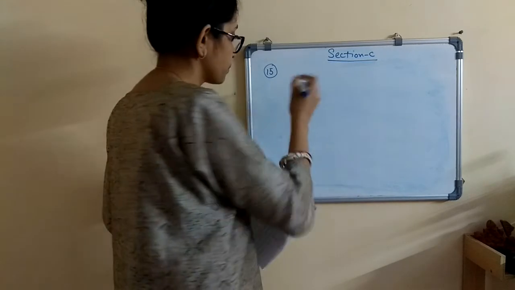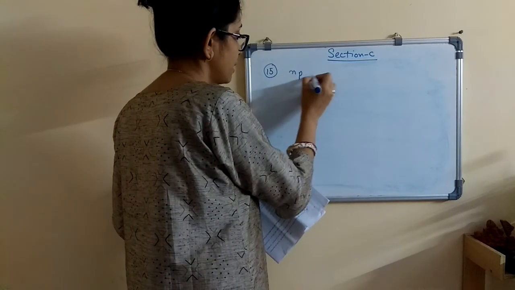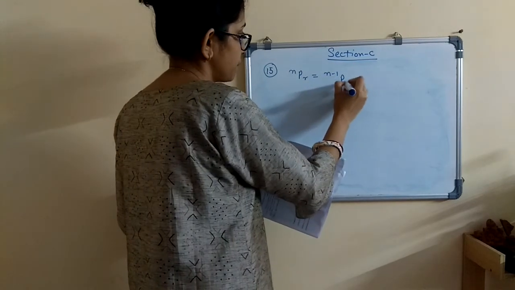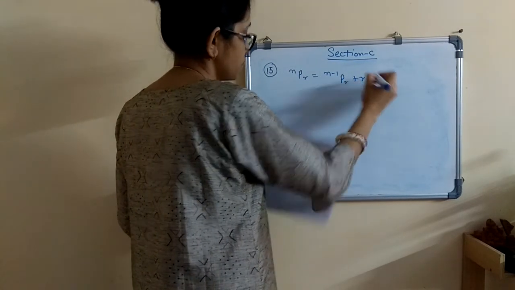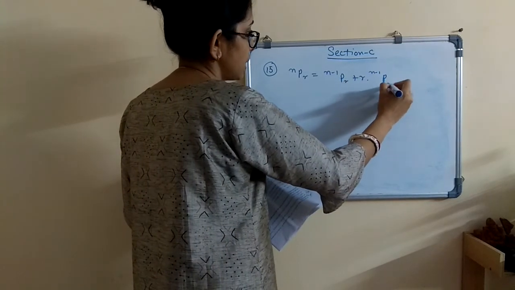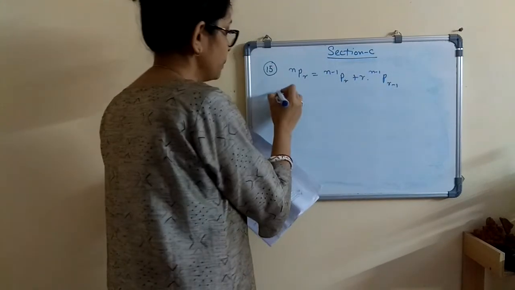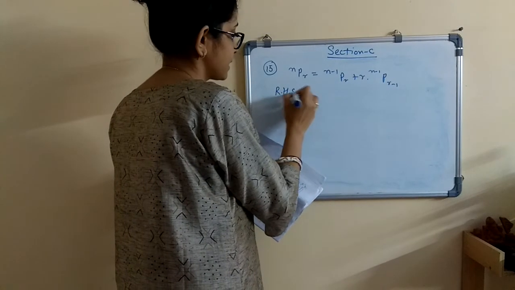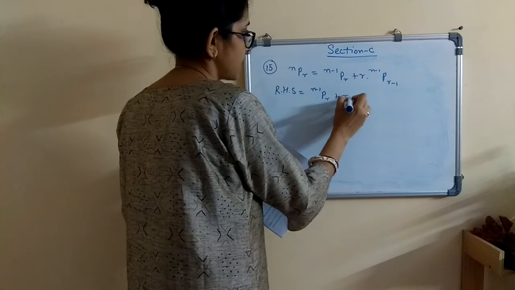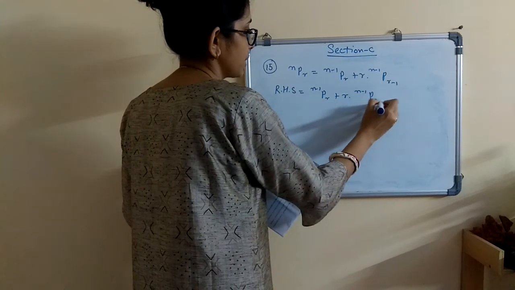So what we have to prove: nPr is equal to (n minus 1)Pr plus r into (n minus 1)P(r minus 1). So let's take the right hand side first: (n minus 1)Pr plus r into (n minus 1)P(r minus 1).